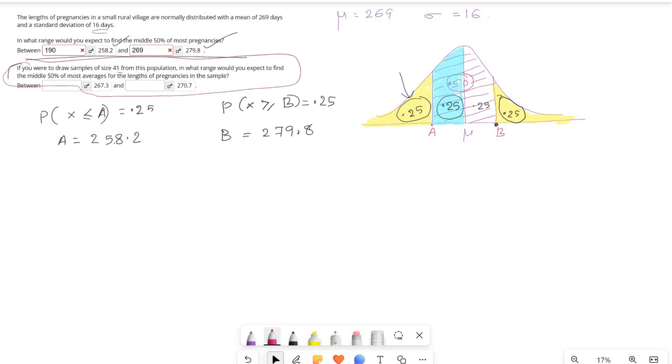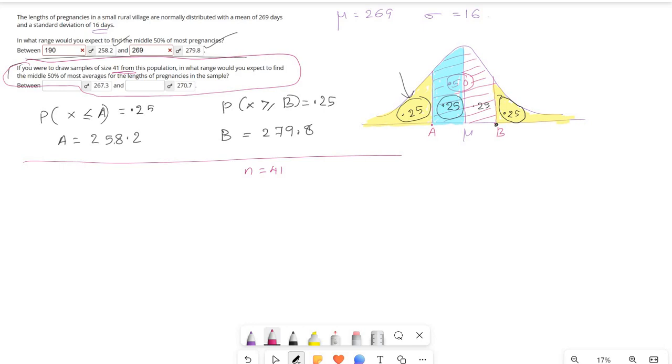Now we move to the second part, which is from a sample, not from the population. A sample of size 41 is given. Everything remains the same, but we are dealing with a sample of size n equal to 41.